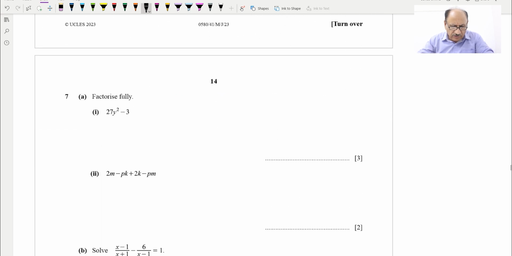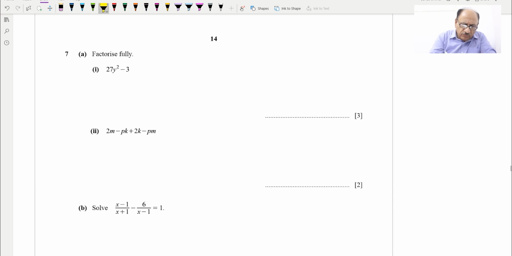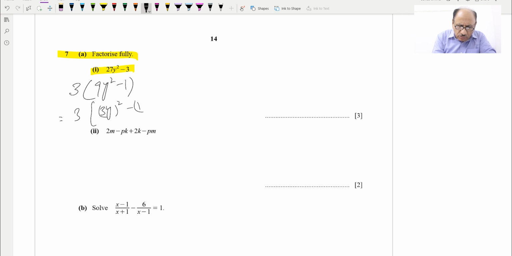Now question number 7, factorize fully. We need to factorize the algebra portion, so we can take 3 common, and it will be 9y squared minus 1, and further we can write 3y squared minus 1 squared, and the formula we will be applying is a squared minus b squared is equal to a plus b into a minus b.